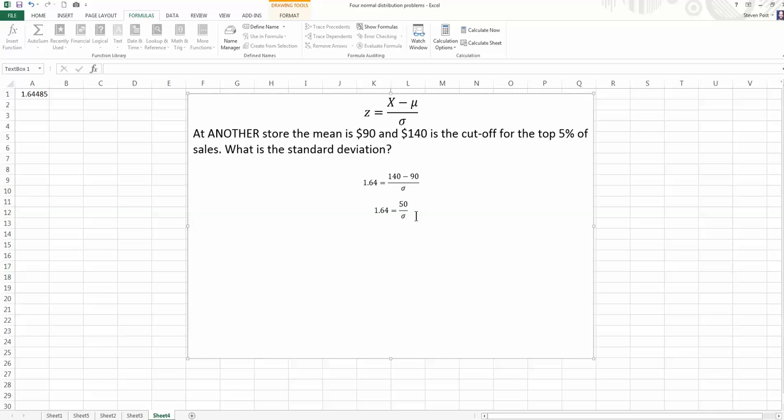To solve that equation, you're going to multiply both sides by sigma.